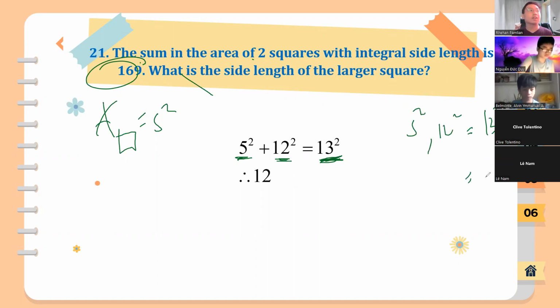Let's say for 10 squared. What is for 10 squared? That is a perfect square. Anyone? 100. Yep, but what side lengths? That's going to be, yep, right, 6 squared and then 8 squared.